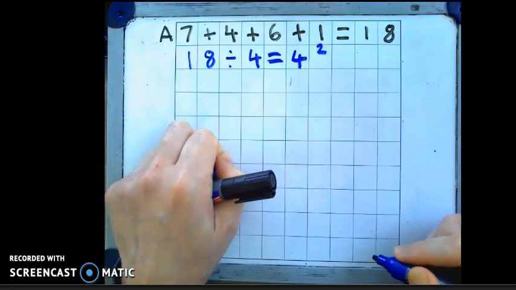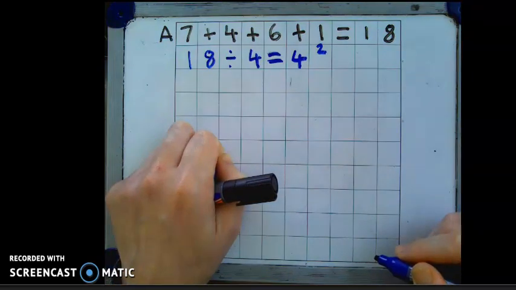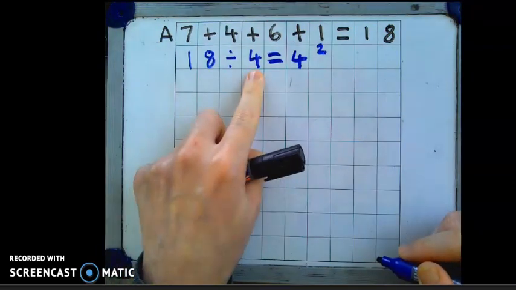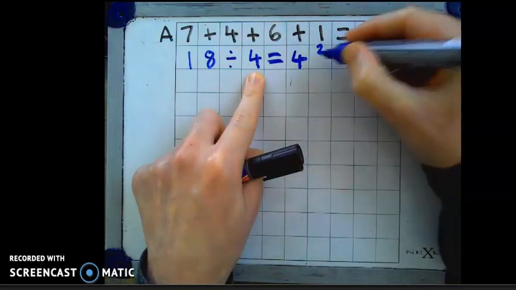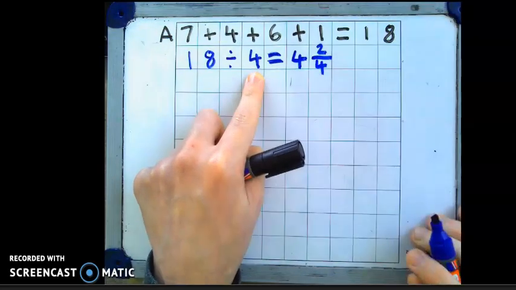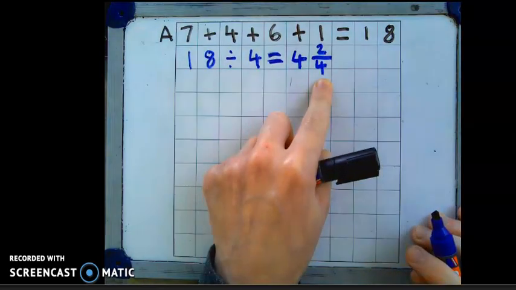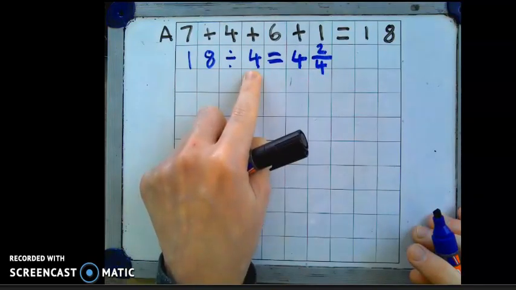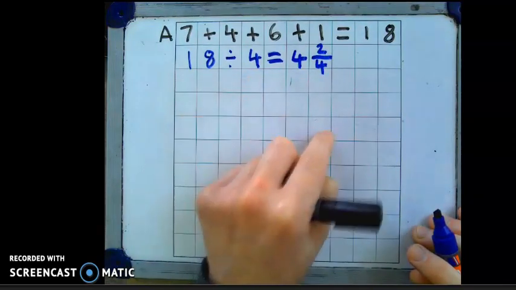But we're going to show this as a fraction. And the way we can do this is the number we're dividing by is 4. That number will become our denominator. If we're dividing by 4, the denominator on the fraction, if we have a fraction in the answer, will always be the same, 4. The same as if we were dividing by 3, the denominator would be 3.